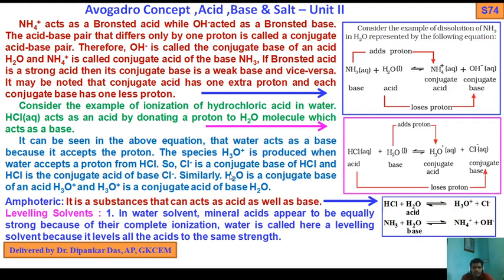So Cl minus is the conjugate base of HCl and HCl is the conjugate acid of base Cl minus. Similarly, water is the conjugate base of the acid H3O plus, and H3O plus is the conjugate acid of base water.